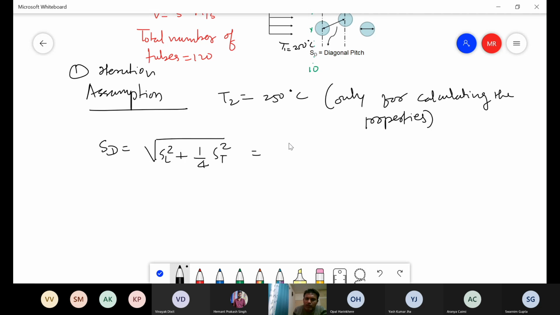If we put in the values, SL in this case is 0.03, squared, and 1/4 times ST, which is 0.025, squared. So this comes out to be, what is the value of SD? It is going to come as 0.0325 meter.